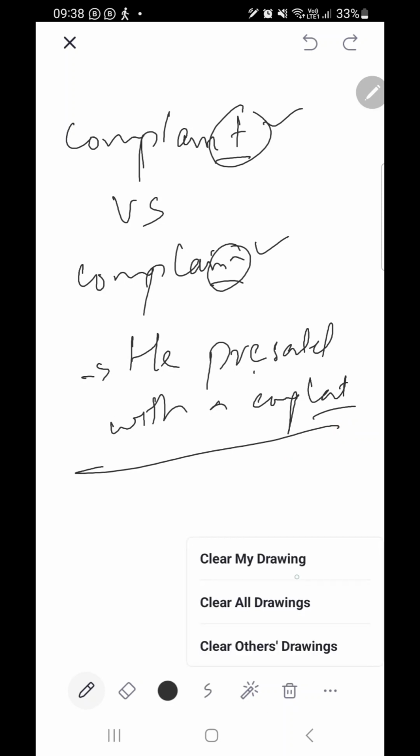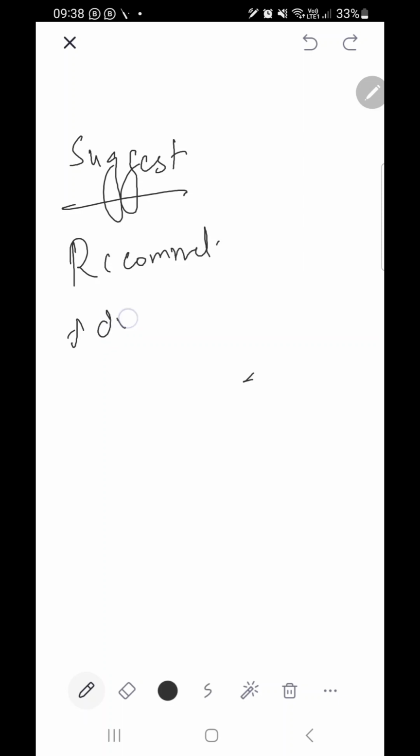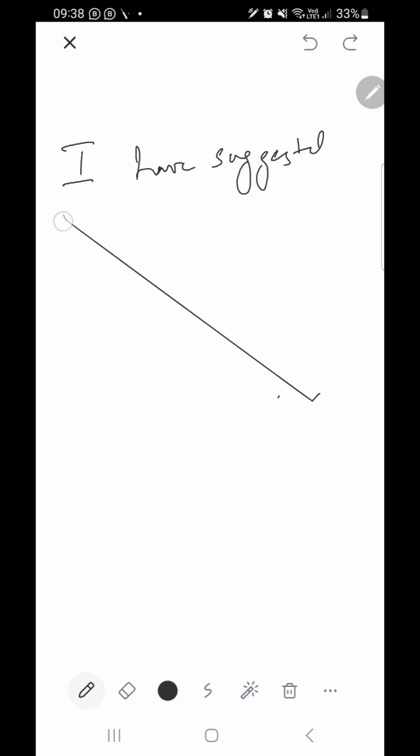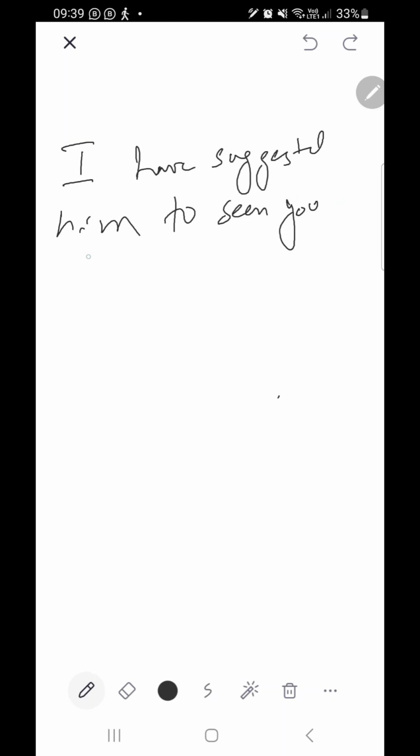Now we can see some of the examples. Okay, there are some words that we commonly use. Let's say suggest, recommend, advise. There are some rules for them. Let's say people write down this sentence: I have suggested him to see you next week.